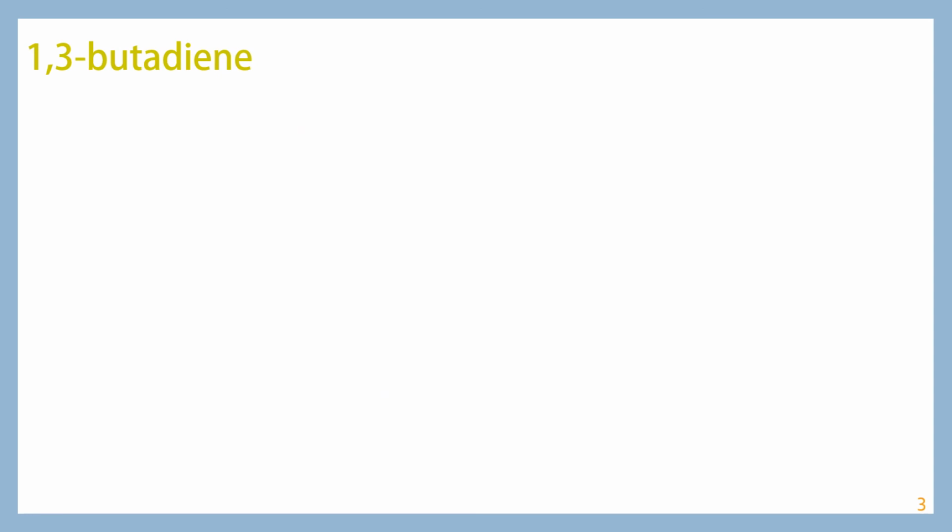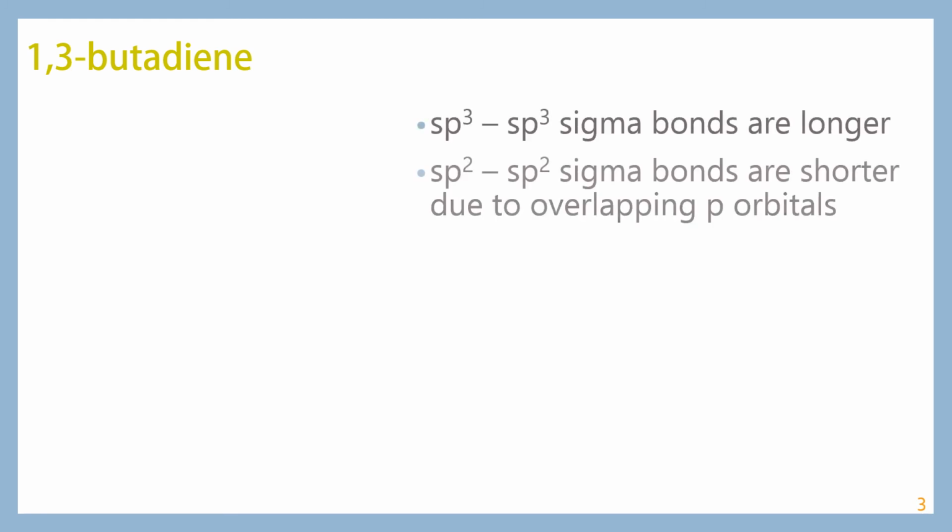So we're going to look at the properties and characteristics of a conjugated system, and we're going to use 1,3-butadiene as our example because it is the simplest conjugated system we can observe. So when you're looking at 1,3-butadiene, or any conjugated system really, the sp3 sigma bonds are longer.